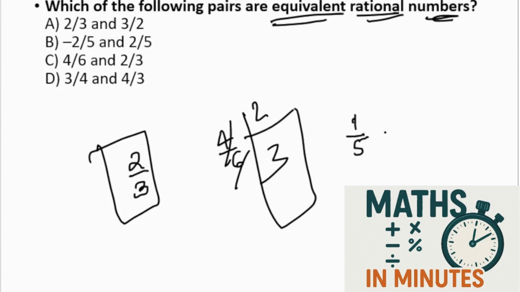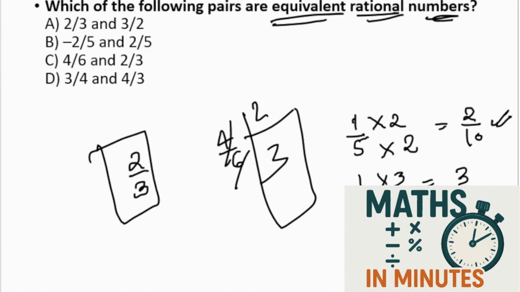One by one you will multiply 1 upon 5 by any number of your choice. If you want to multiply by 2, multiply by 2 in numerator and denominator. So it is 2 upon 10, first equivalent. Then 1 upon 5 multiplied by 3 in both. Don't forget to multiply the number in numerator and denominator both.